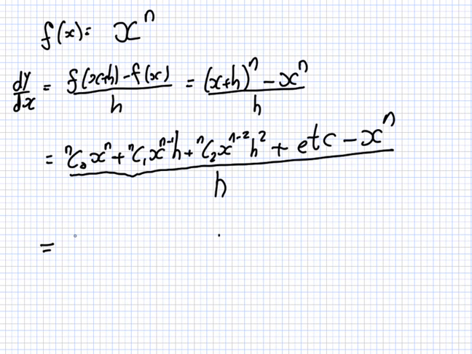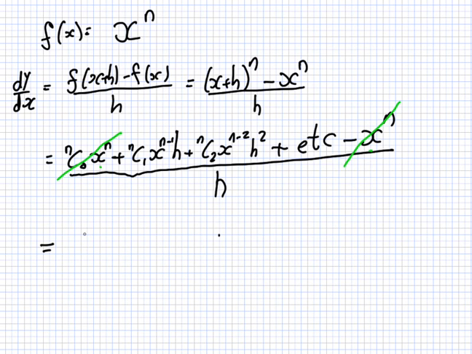So we can split this up. And by the way, what's nC0? 1. So look, we have an x^n at the start and a minus x^n at the end, so this will cancel with this.